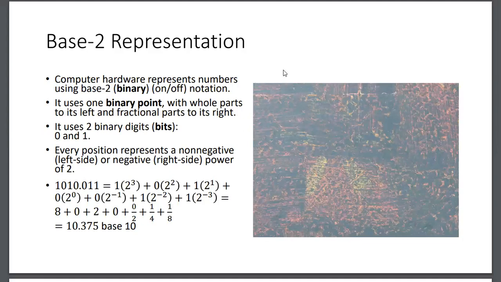Base 2 representation. Computer hardware represents numbers internally using base 2, known as binary, on and off notation, being electrical, where high voltage versus low voltage can store on and off states.